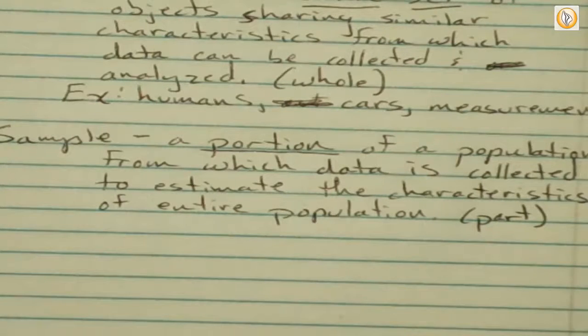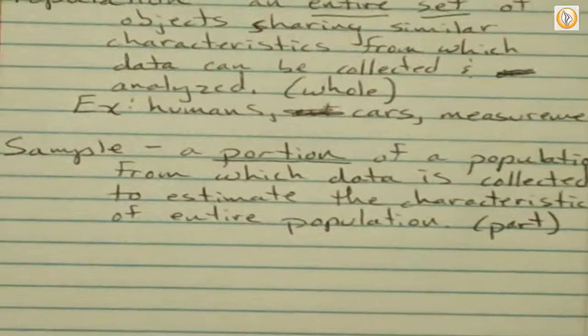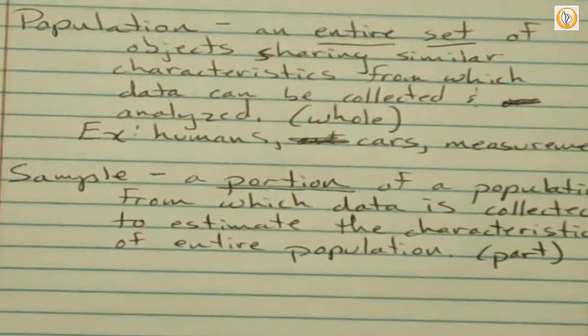The humans are your population, and the people that had broken pipes are your sample. And then we could even go into more detail: how many of those broken pipes did they fix themselves, or how many had to call plumbers? You can keep narrowing it down. But you need to know the difference between sample and population.